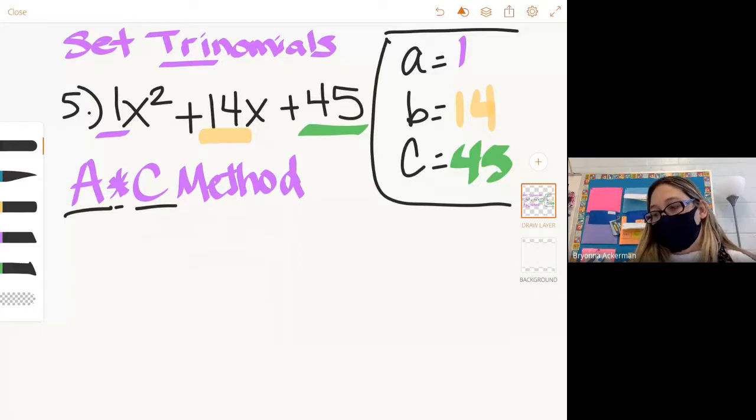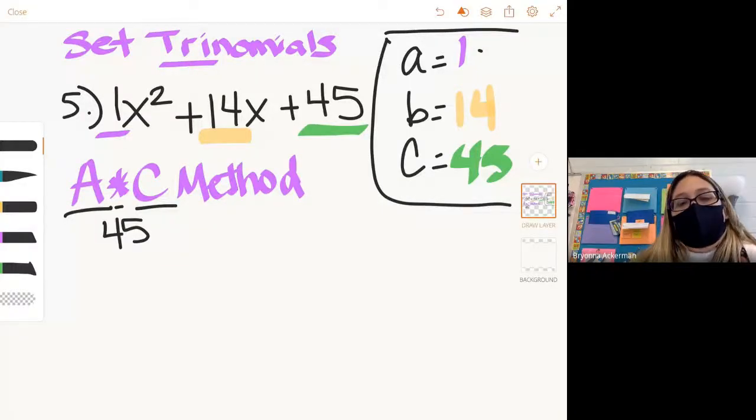So in this case, A times C is 1 times 45, right? Which is just 45. So in this case, A times C is 45. I would write the steps down somewhere, okay?